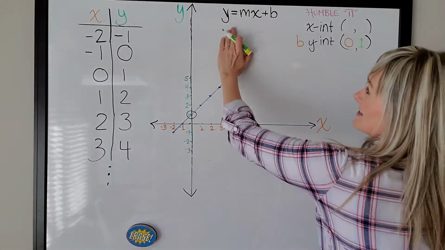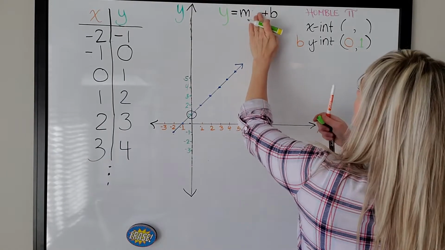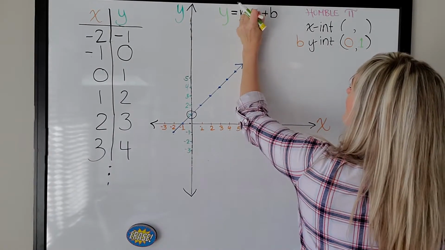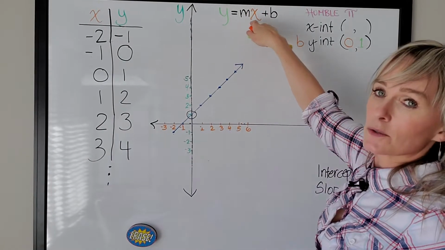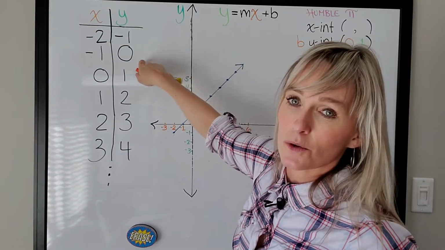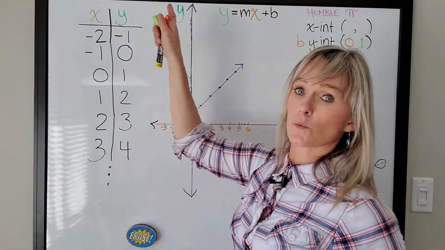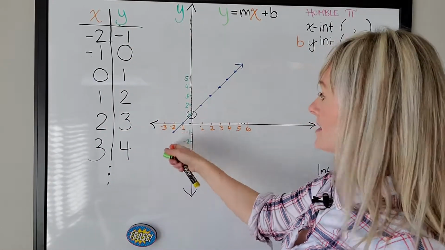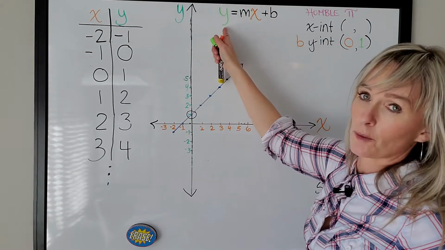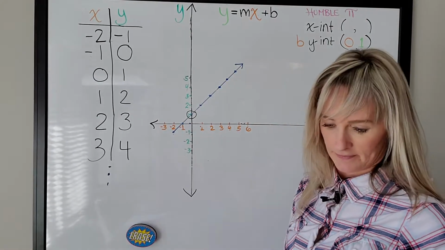And that is actually what these represent. In y equals mx plus b, y and x are just the ordered pairs. They could be any of these. All of these will work for the equation of this particular line in this formula. I just noticed the greens are not the same.